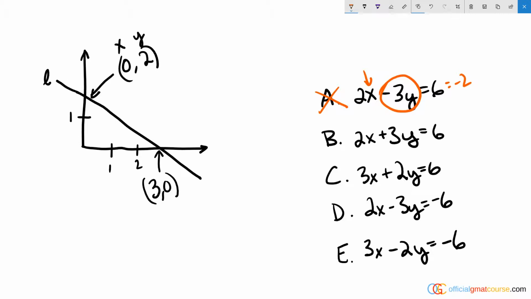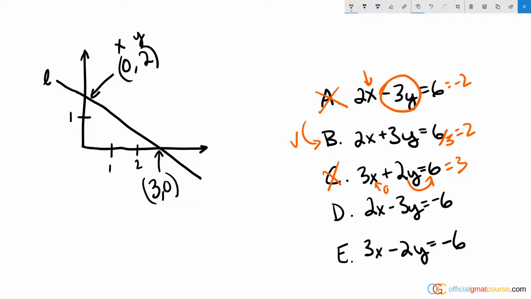In the second answer choice, B, if I plug in a 0 for x, I do get 6 divided by 3 for y, which is equal to 2. So this would stay in. If I look at C, I'm dividing by 2y again. When x is equal to 0, I'm dividing by 2, and that would leave me with 3, which is not what I expected.